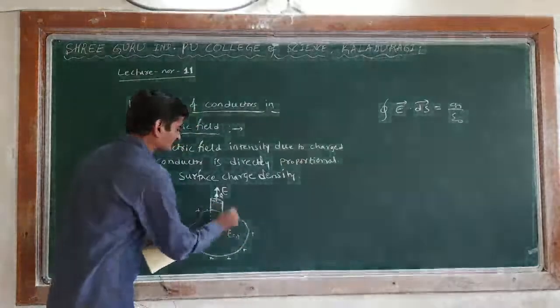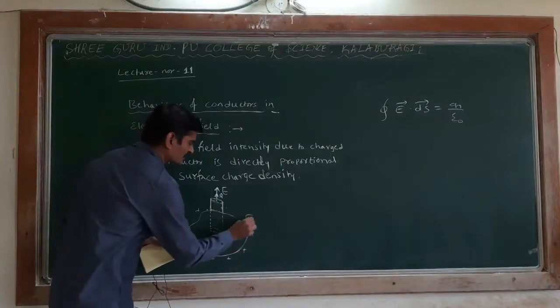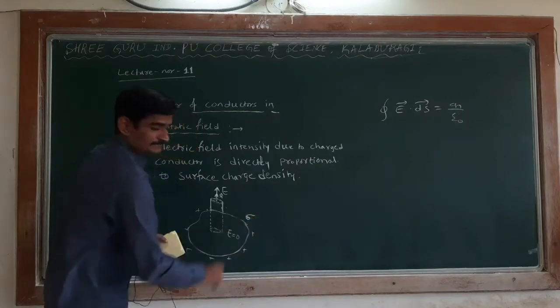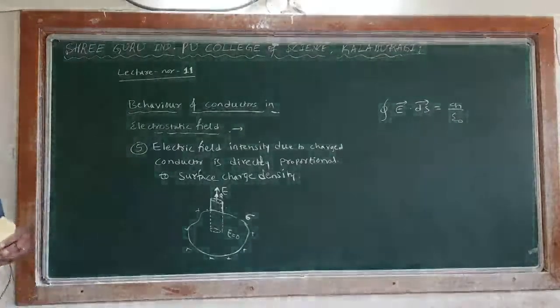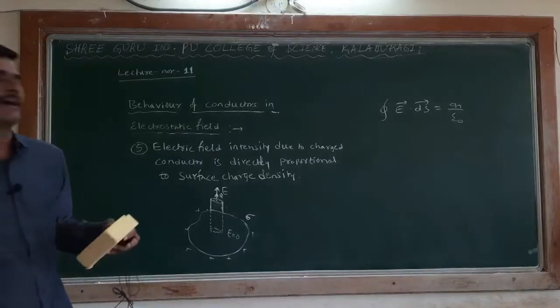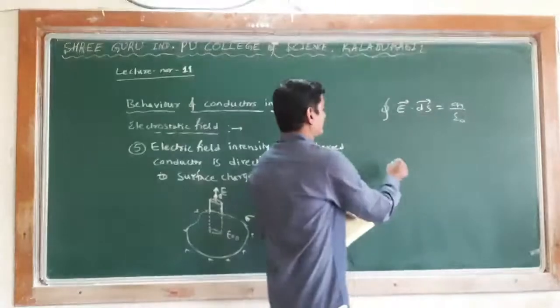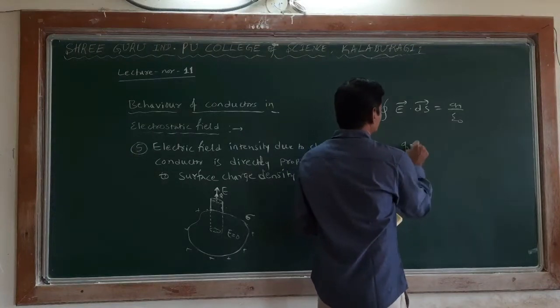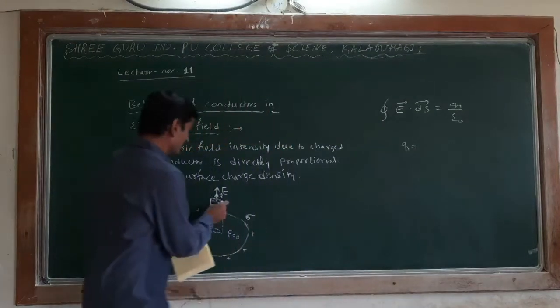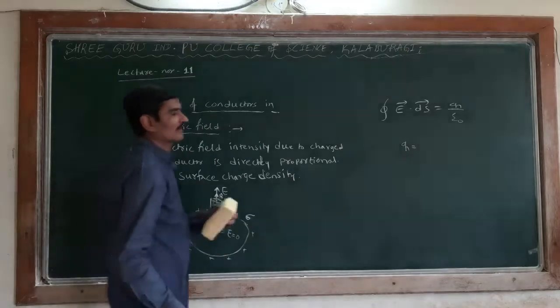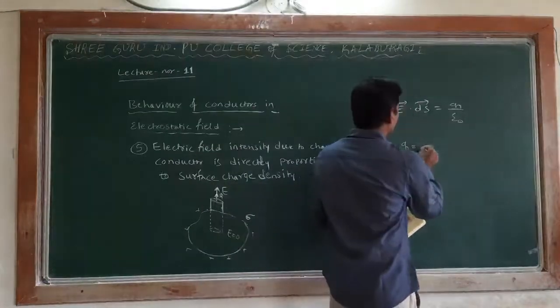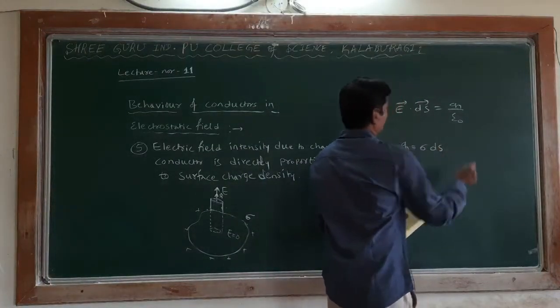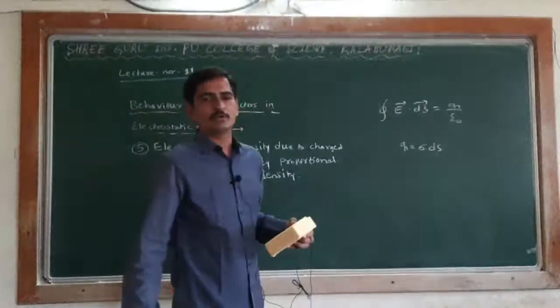Let us consider that the surface charge density of this conductor is sigma. Then the charge within this circular pillbox is q equal to sigma into ds.